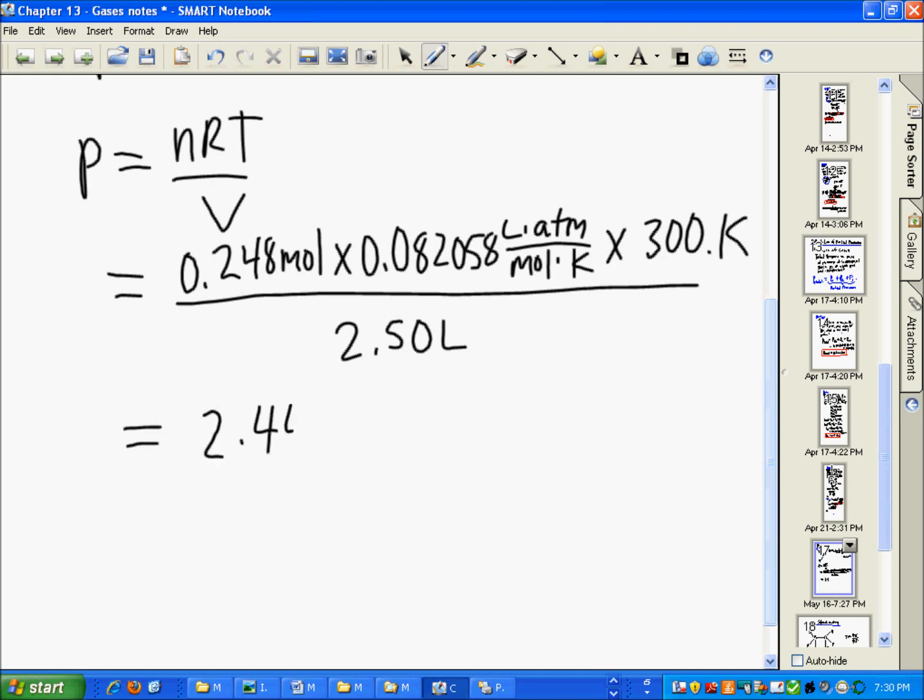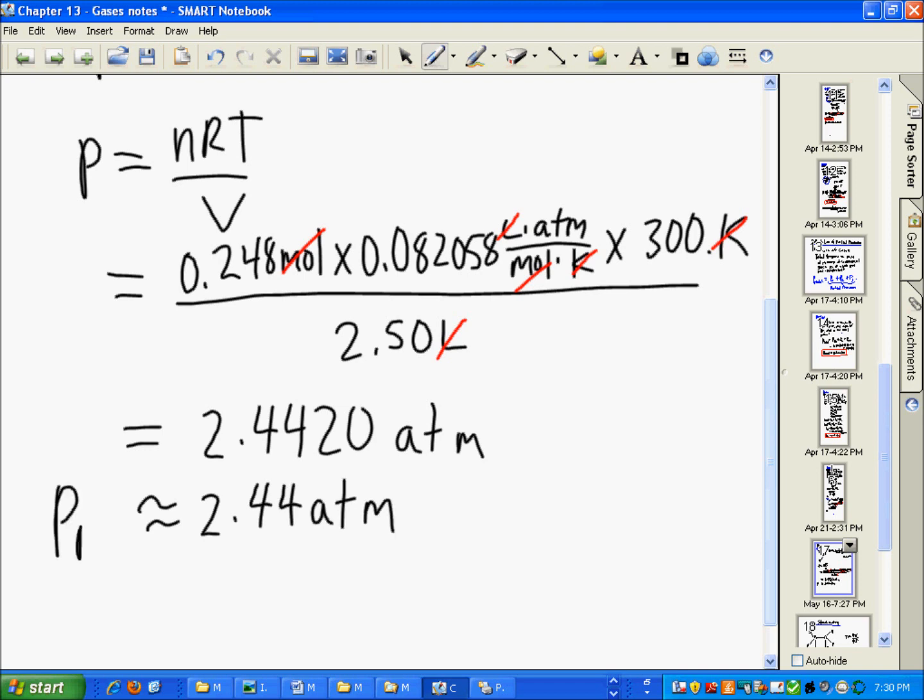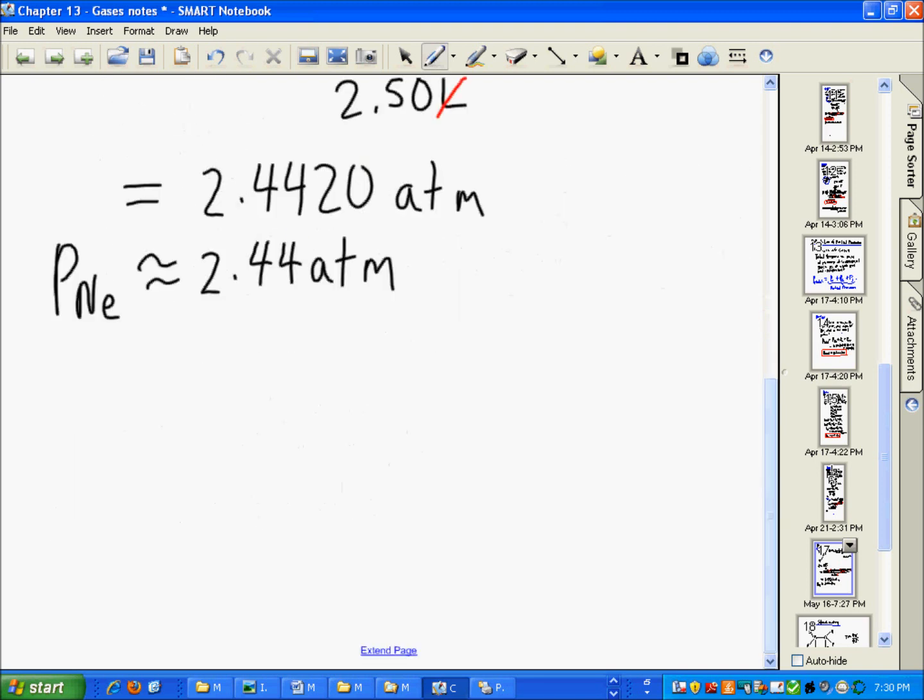2.4420, and just checking the units, make sure our units are working. Moles cancel, liters cancel, Kelvins cancel, leaving us with atm. And then we need to round to the sig figs. 2.44 atm is the pressure of the neon, and the total pressure is the pressure of the helium plus the neon.